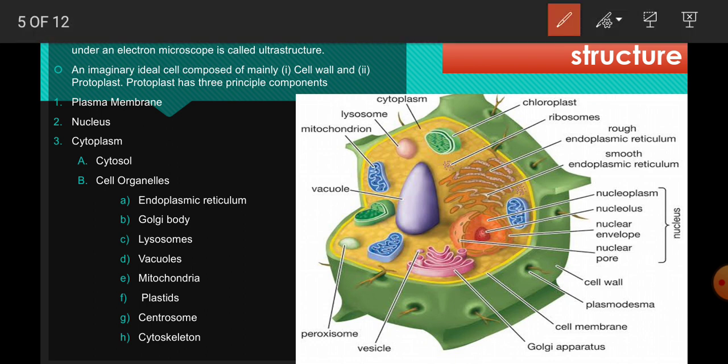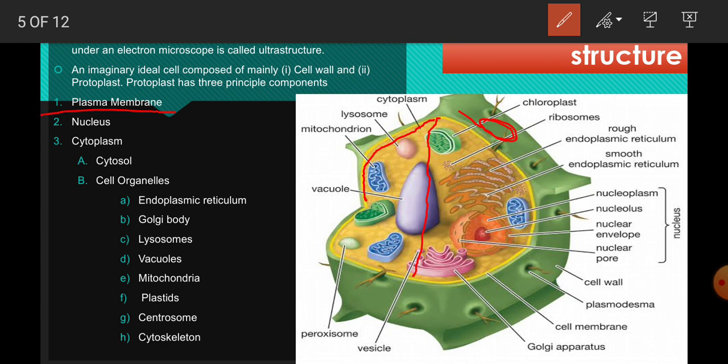So in this figure, the green part outside covering is the cell wall, and other than the cell wall, all the parts inside it, starting from the yellow part, are protoplast. And in this protoplast, the outer membrane, yellow in color, is the plasma membrane.